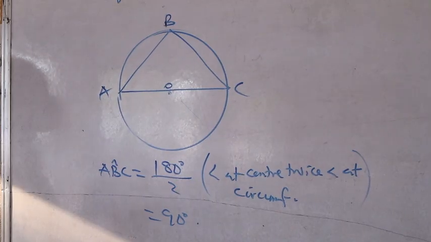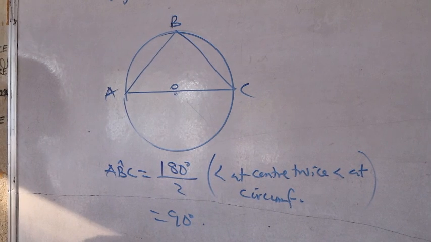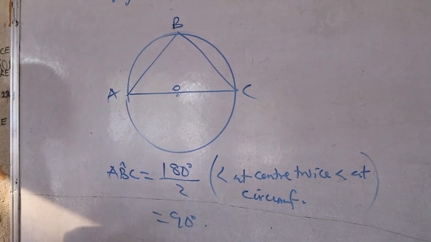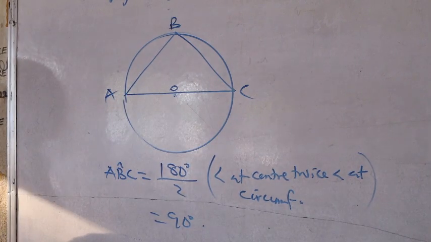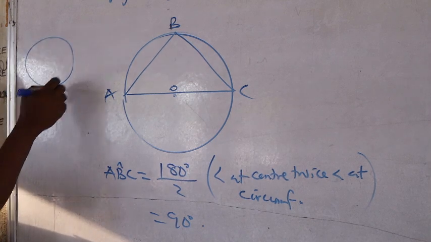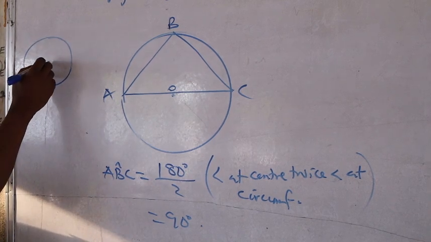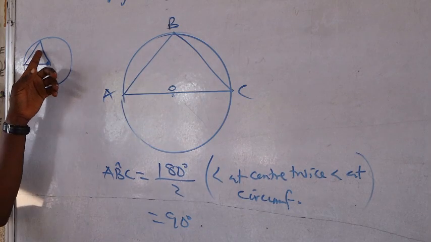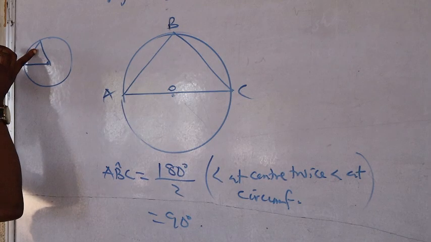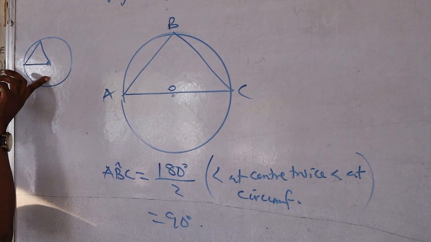But before you can use this theorem, angle in a semicircle is a right angle, you must have a diameter. Because if you have a circle like this, and this is the center, you cannot say that this angle is 90 degrees, because this line is not a diameter.